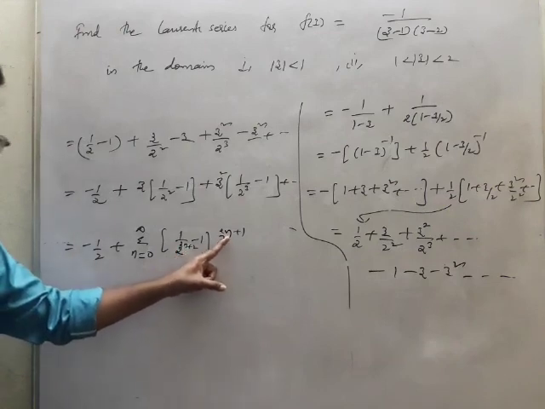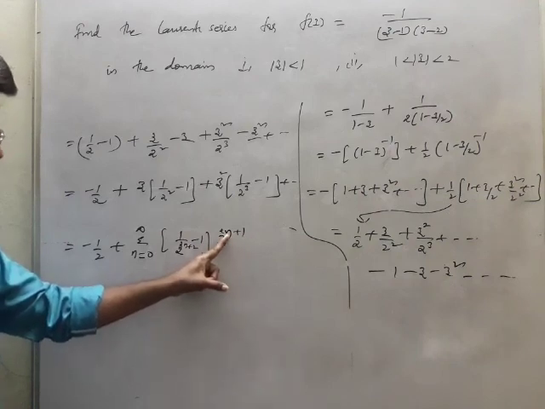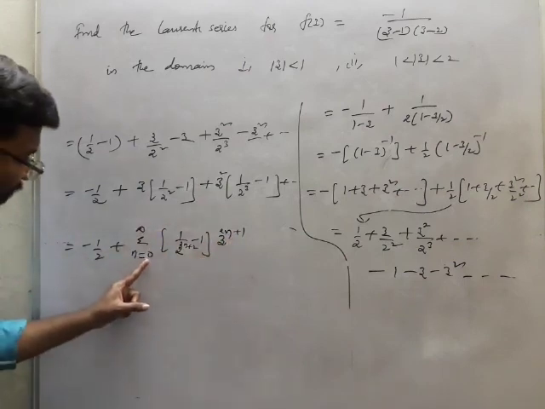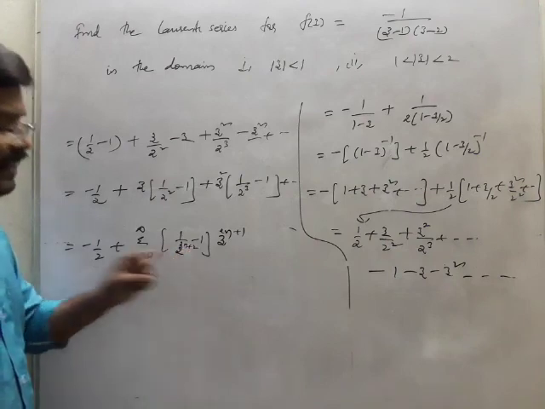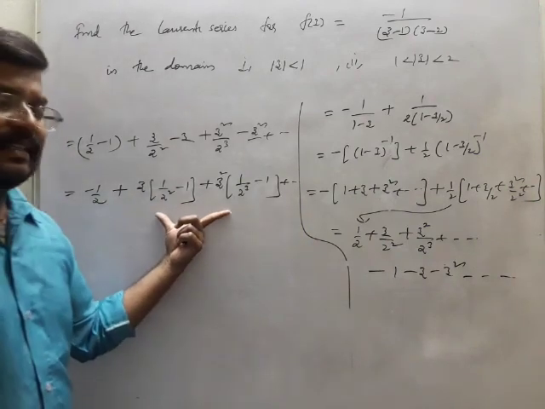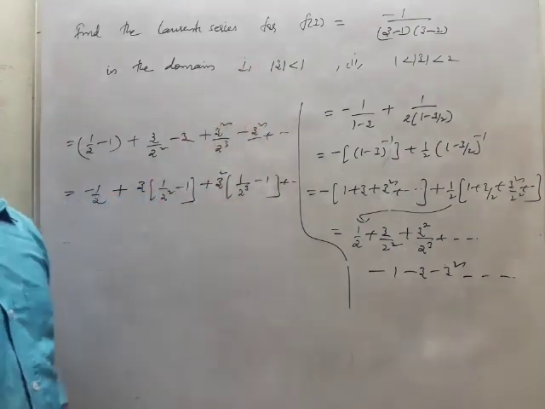Here 2n means 0 plus 1, so you will be getting z power 1. If I put 1, again it's a problem. So what we'll do is, we'll just keep it aside like this. This is an expansion of f of z for mod z less than 1.